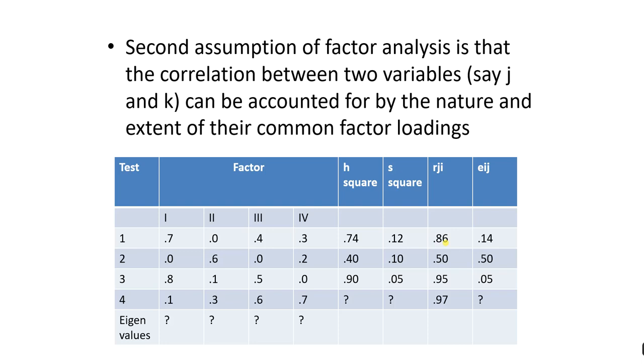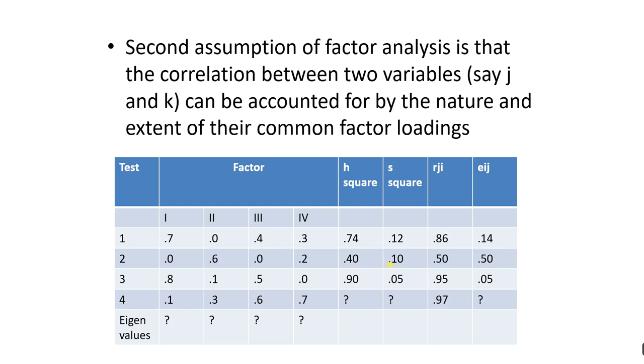So if we know the reliable variance or the reliability, then we can get the value of specific variance. How? By subtracting the common variance from the reliable variance. 0.86 minus 0.74 will be 0.12. 0.50 minus 0.40 will be 0.10.